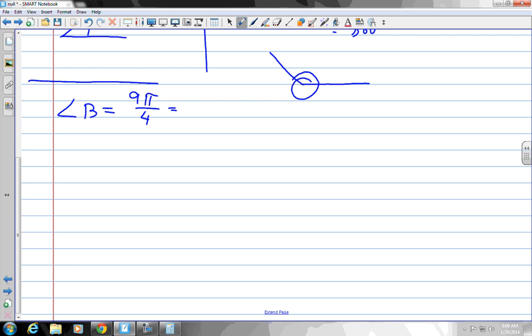And 2 pi is the full circle as well, because 2 pi is 360 degrees. So what's the remainder? I can say it's 8 pi over 4 plus what's left? Just pi over 4. So this is 2 pi plus pi over 4. So it's a full circle plus pi over 4.